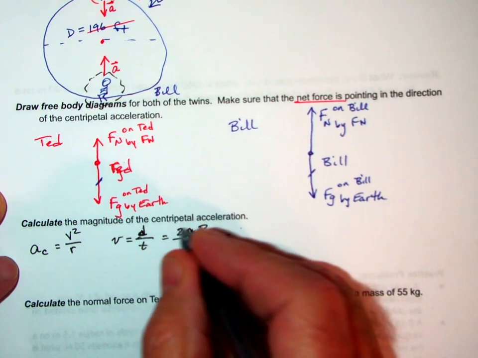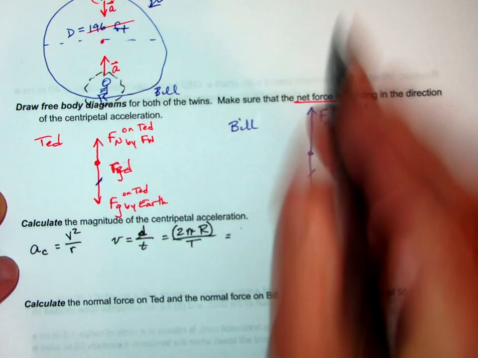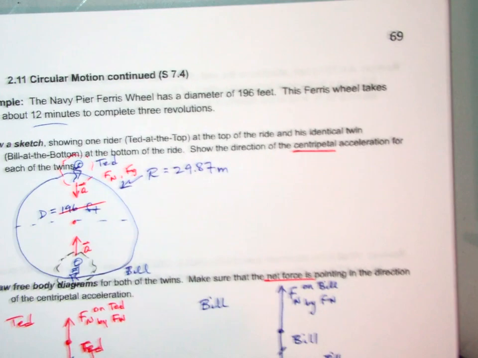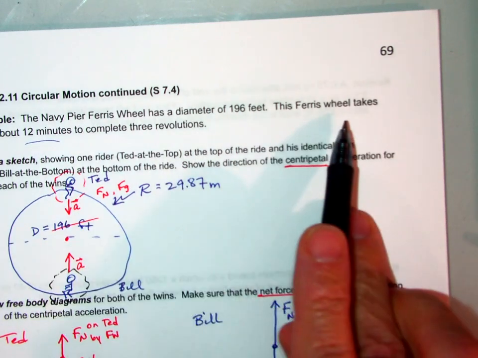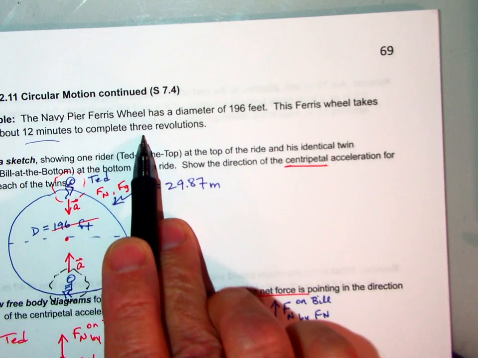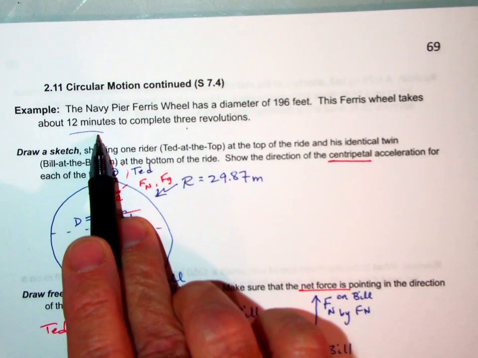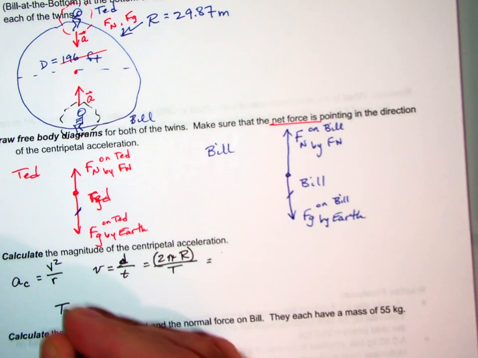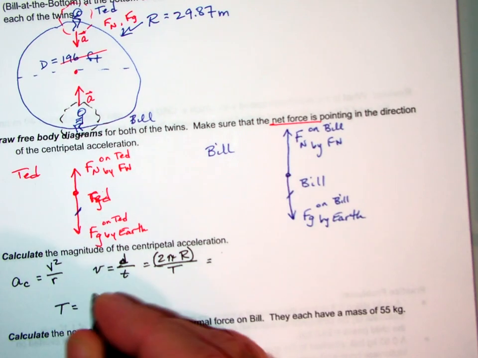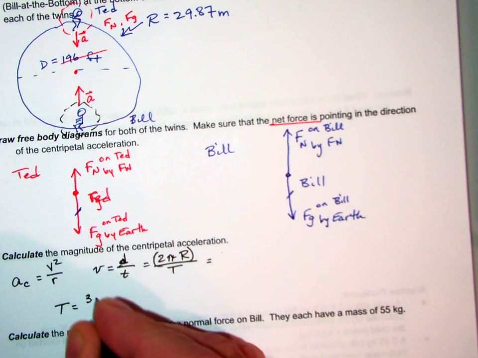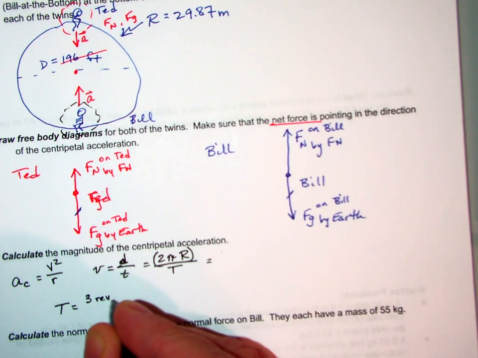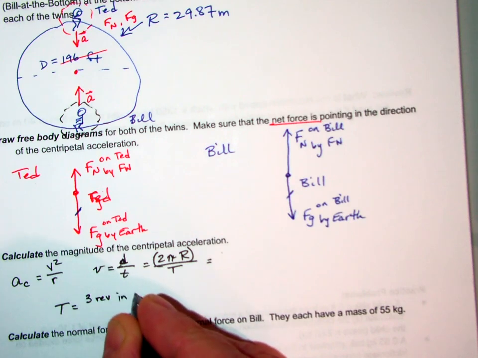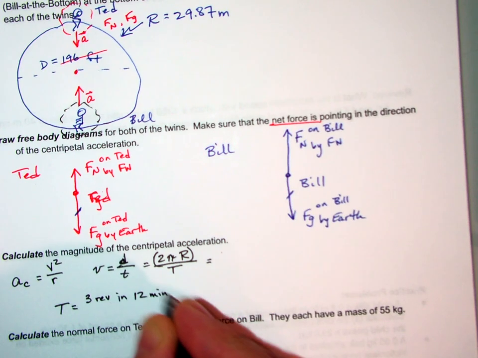I'll include the fact that the problem states that it makes 3 revolutions in 12 minutes. So the period T is equal to 3 revolutions in 12 minutes.